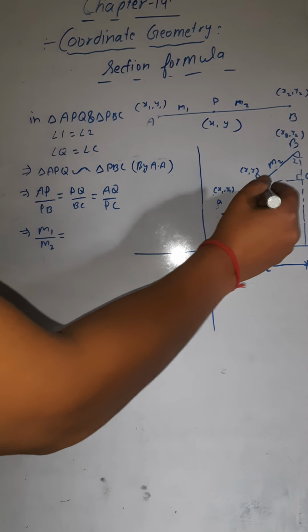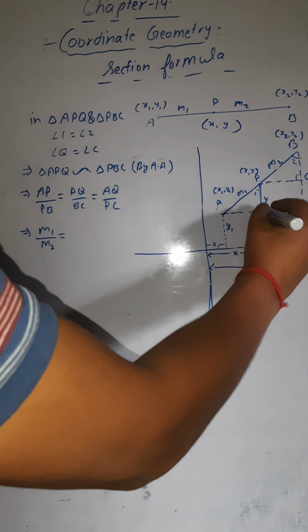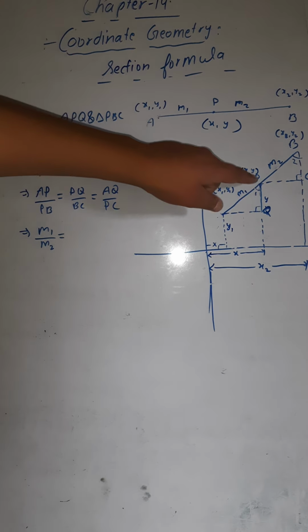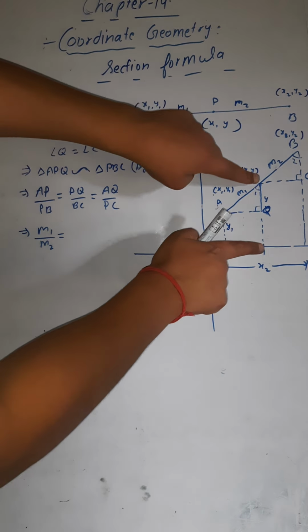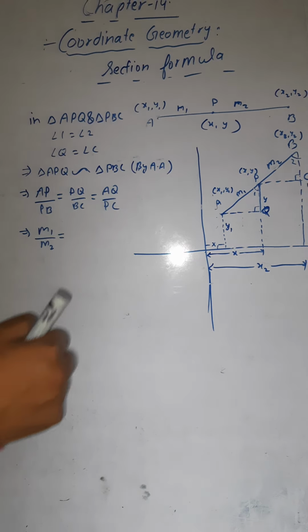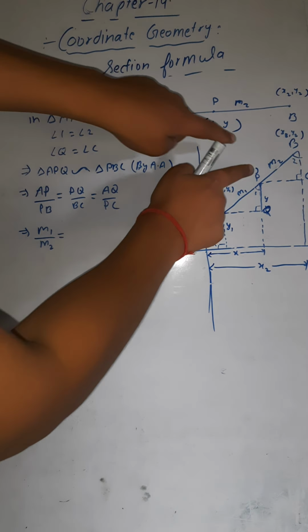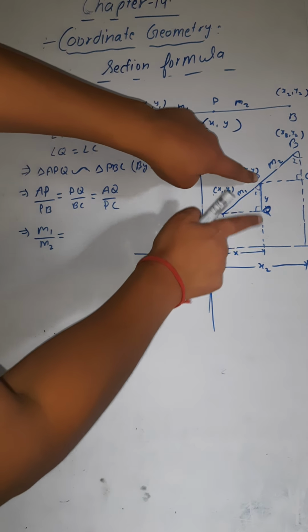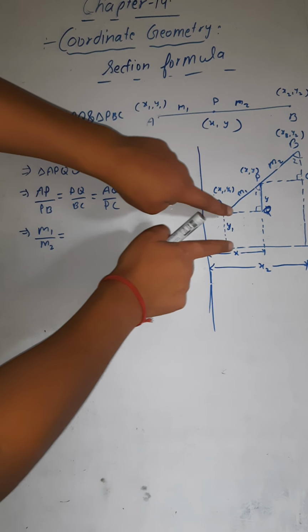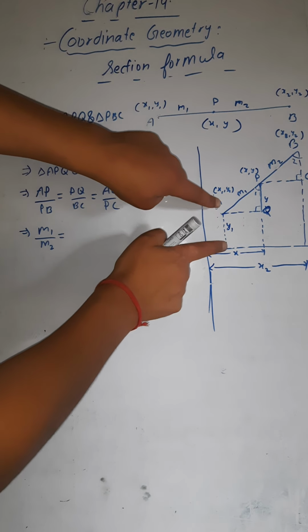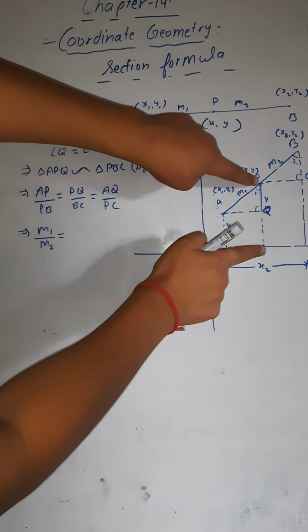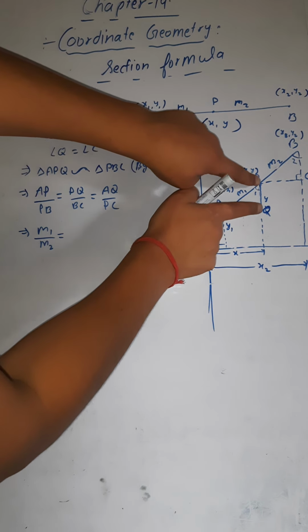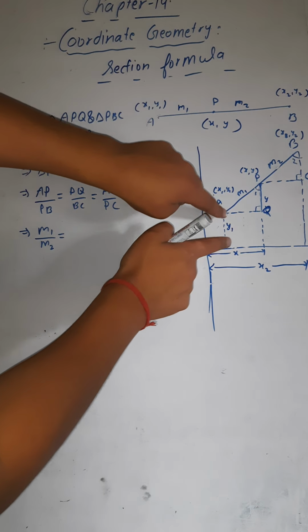Now you see, from P to here, this complete distance is y. I have already told you, P to here, this distance is y, and this distance is y1. So what would be this distance? Yes, y minus y1.